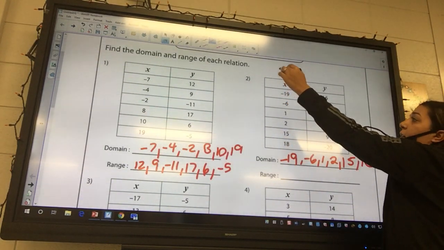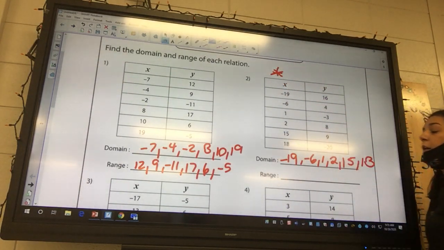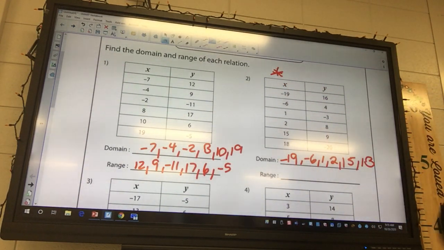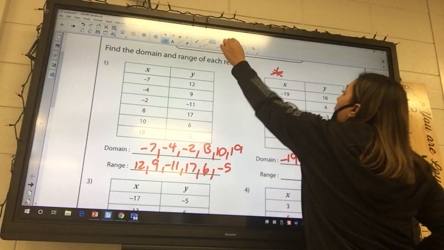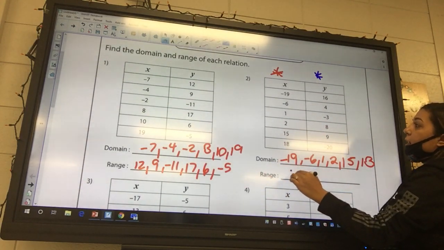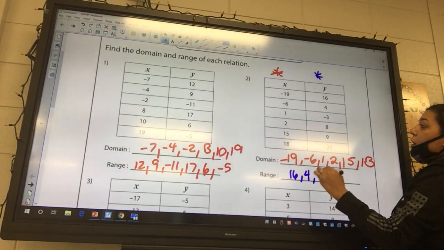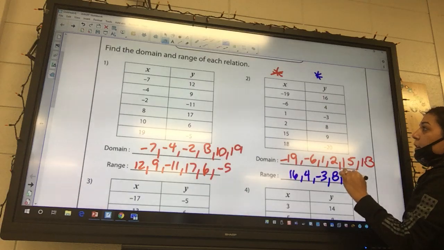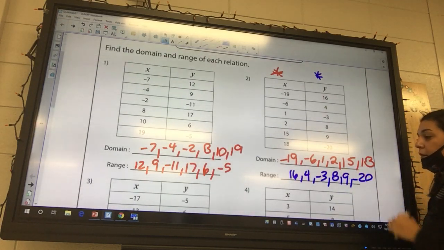It's all these x's. That's where I'm getting this one from. We don't need to write them down if they're repeats, so make sure that you don't do that. For the y's, that's my range. So I got 16, 4, -3, 8, 9, and -20.